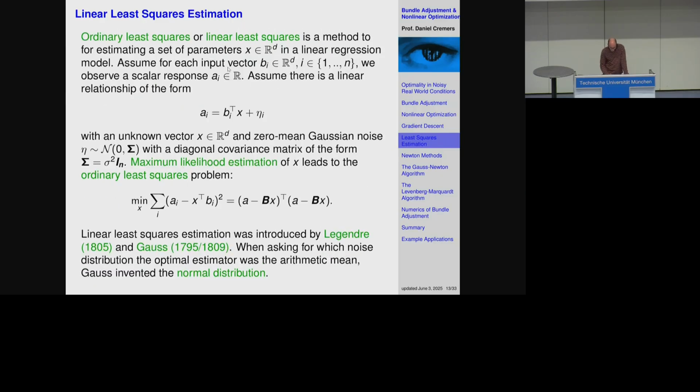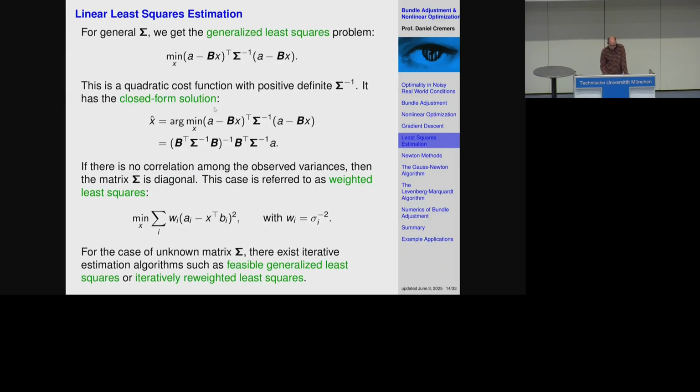So the least squares is this one, ordinary least squares it's called. Then with the covariance matrix it's called generalized least squares, and if that covariance matrix is diagonal, where the diagonal elements of the inverse covariance matrix here are sigma i to the minus 2, and these are the weights here, then it's called a weighted least squares problem.